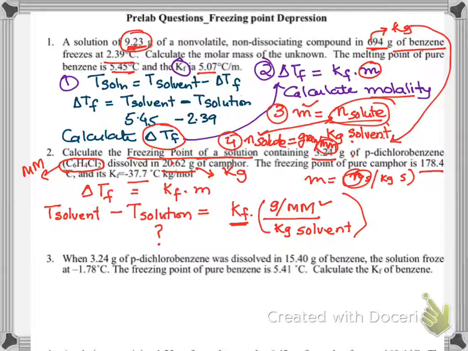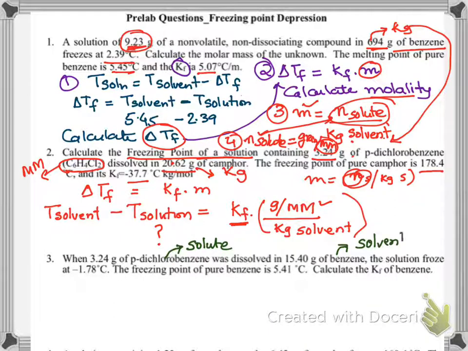Question number 3, when 3.24 grams of para-dichlorobenzene was dissolved in 15.40 grams of benzene. This tells me that para-dichlorobenzene is my solute and benzene is the solvent.